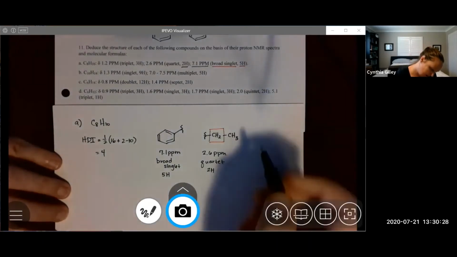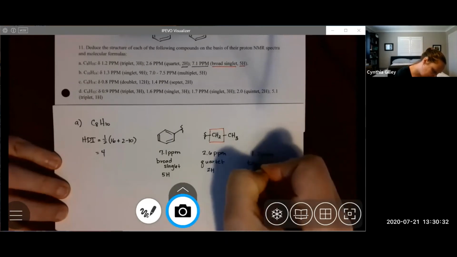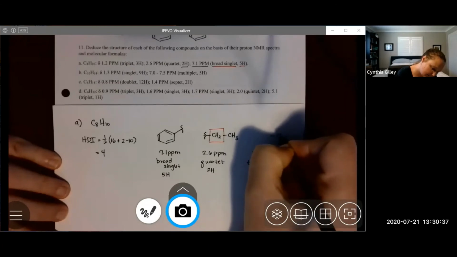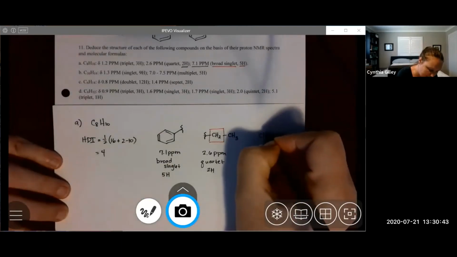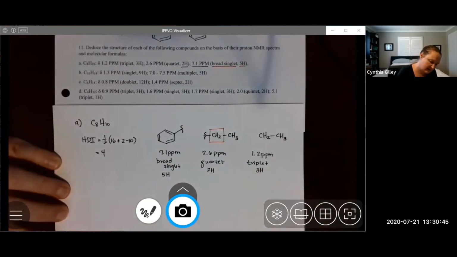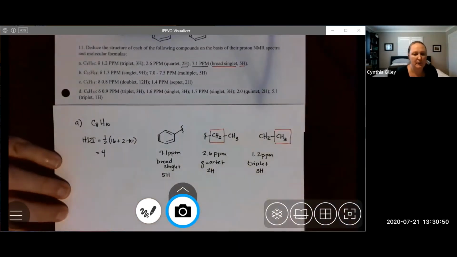And then my other signal is 1.2 ppm, triplet, 3 hydrogens. So I have 3 hydrogens, I'm going to write CH3. It's a triplet, so it has 2 neighbors. I'm going to write a CH2 next to it. Circle the ones that the actual signal is for.